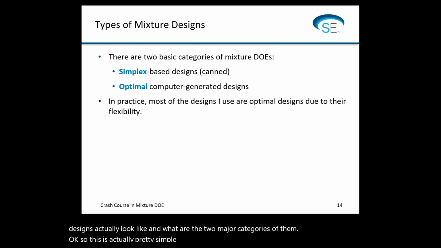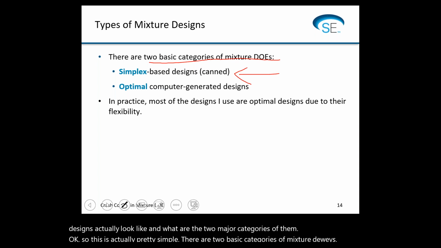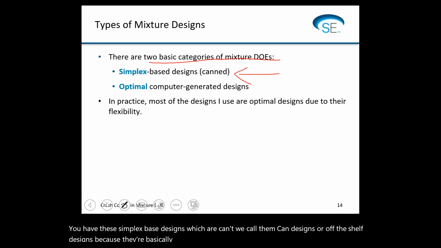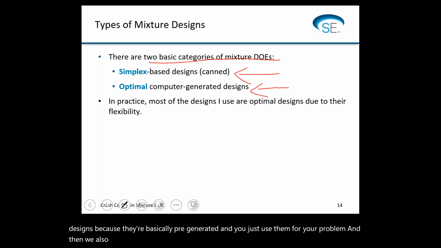Okay, so this is actually pretty simple. There are 2 basic categories of mixture DOEs. You have these simplex-based designs, which we call canned designs or off-the-shelf designs, because they're basically pre-generated and you just use them for your problem. And then we also have optimal computer-generated designs.